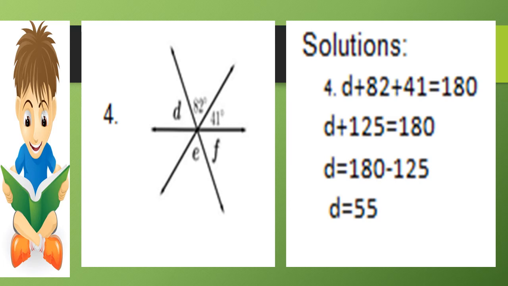After that, we can apply the properties of angles, which means the vertical angles. Now, 82 degrees is the same measure as angle E. 41 degrees is under the angle D, and F measures the same as angle D, which means angle F is 55 degrees and angle E is 82 degrees.